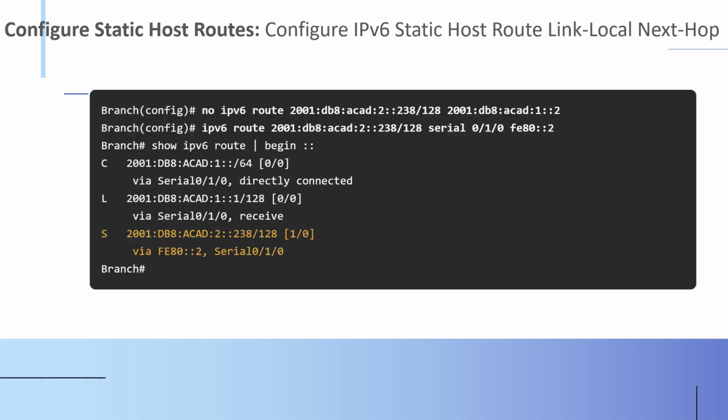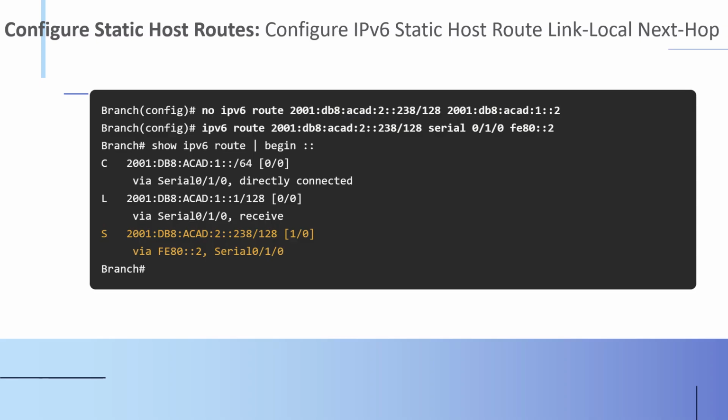First, the original IPv6 static host route is removed by using the command no ipv6 route followed with the information. And then we configure a fully specified route with the IPv6 address of the server and the IPv6 link-local address of the internet service provider.